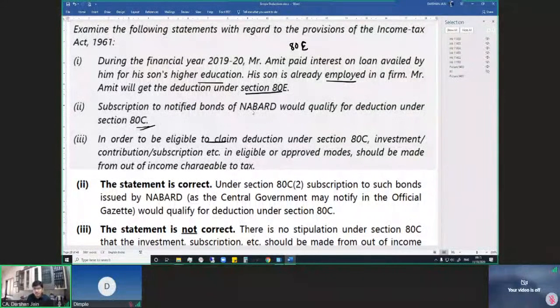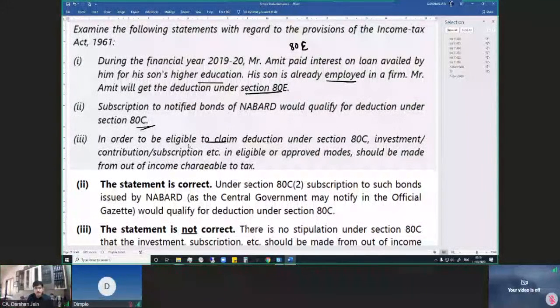Yes, the deduction in respect of NABARD bonds, the National Bank for Agricultural Development, which are approved under section 80C, whatever you subscribe to the bonds of NABARD, would qualify for deduction under section 80C, provided no other deduction under any other section of the Act is provided for such bonds.